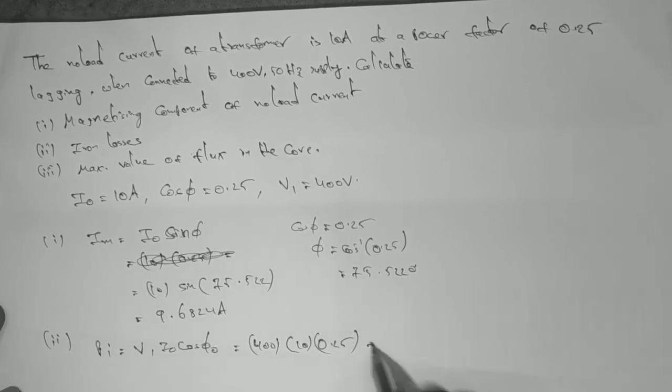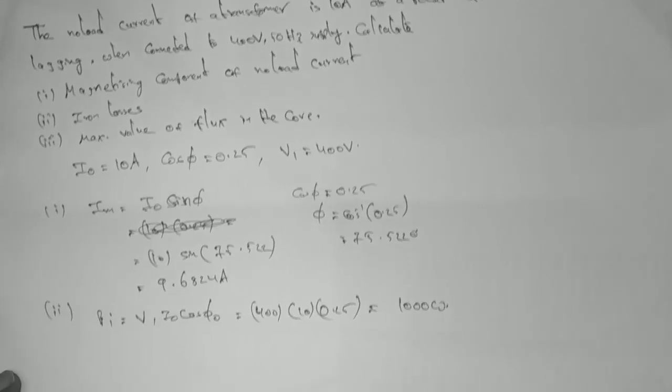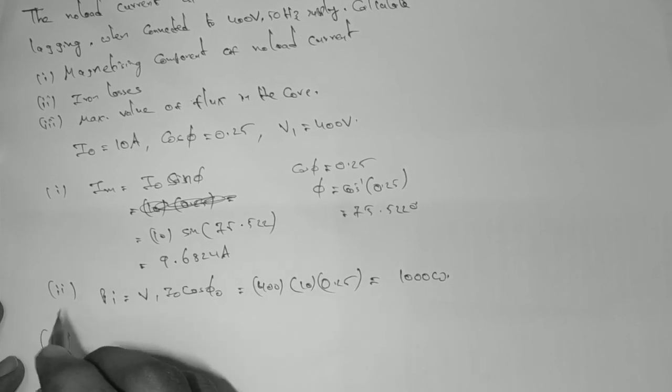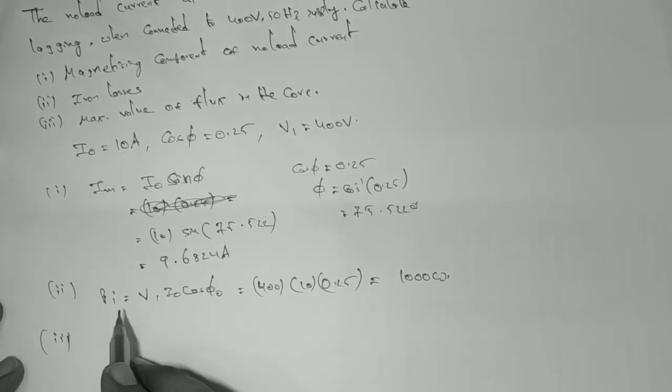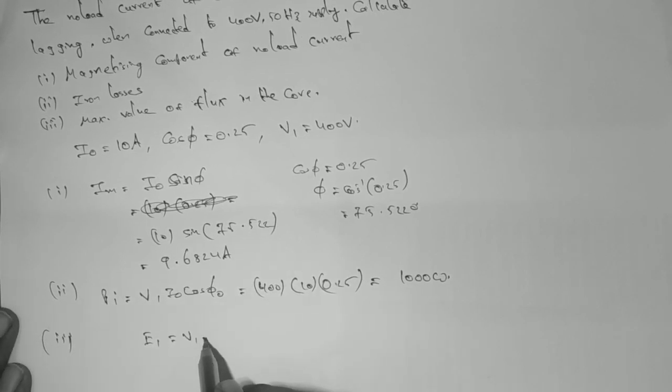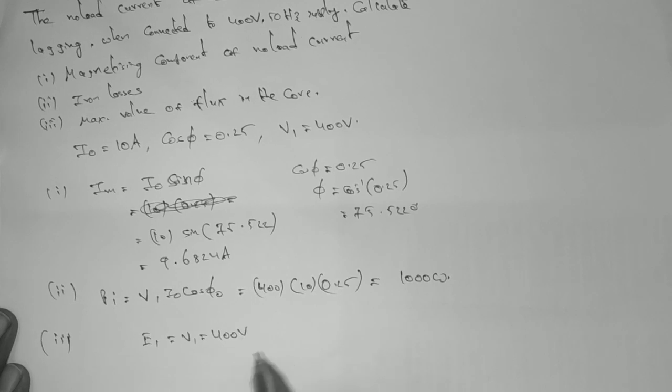And in the third one, it is asked to calculate the maximum value of the flux in the core. So the maximum value of the flux in the core means phi m. Let us derive this from the EMF equation of the transformer, that is E1, which is also nothing but V1. In this case, both will be equal, 400 volts.